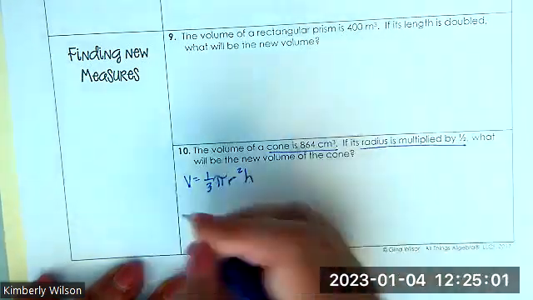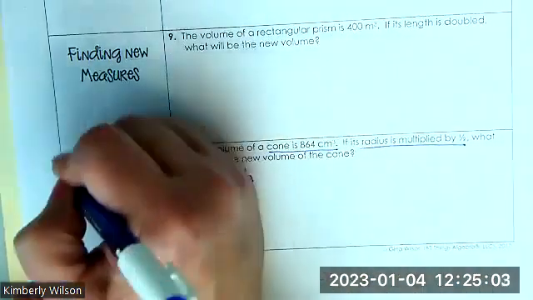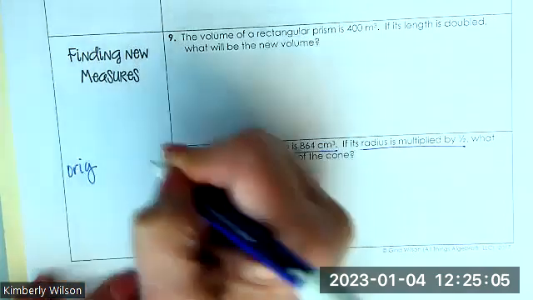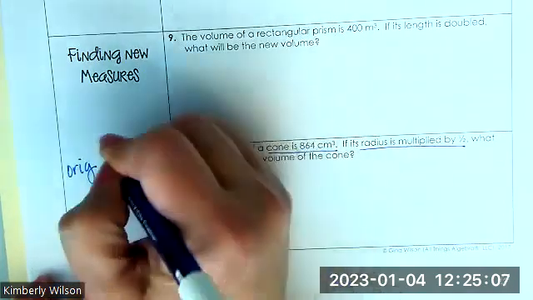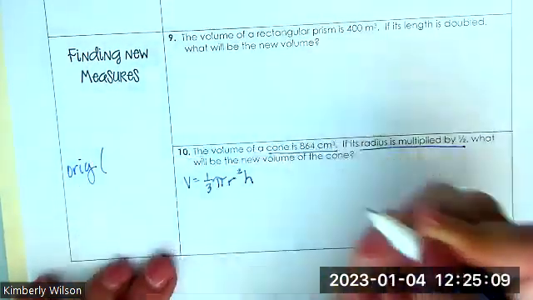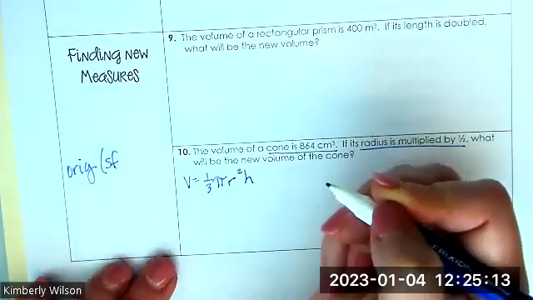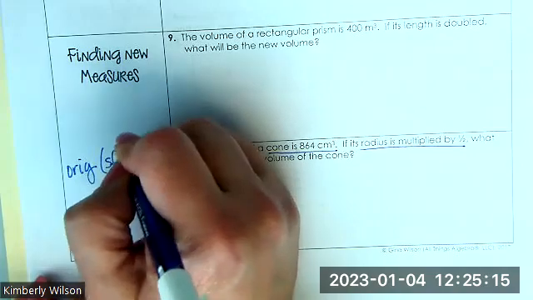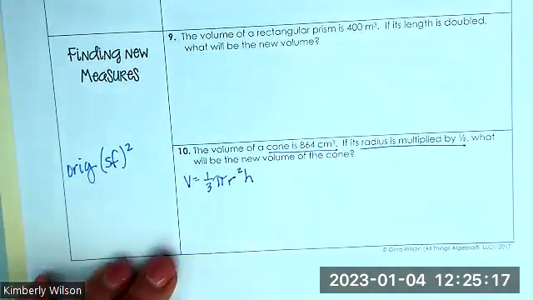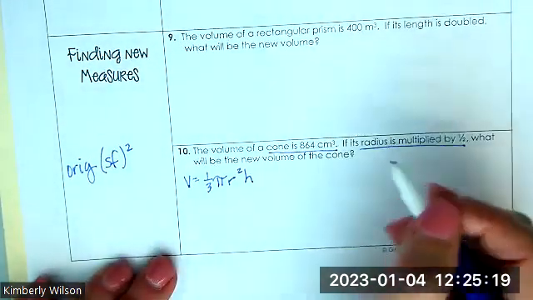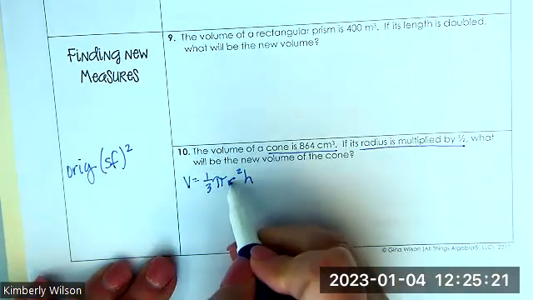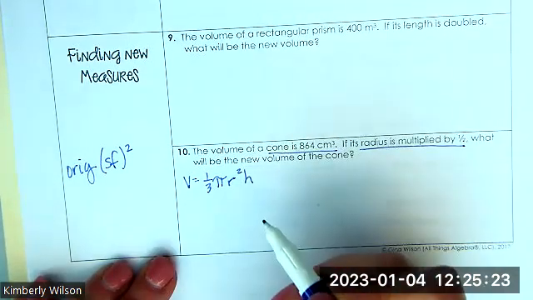So what we can do is we can take the original and multiply by the scale factor squared. Okay, and it's because r, the radius, is squared.